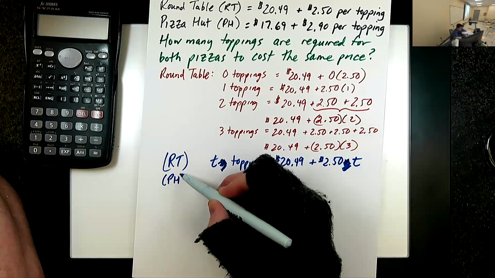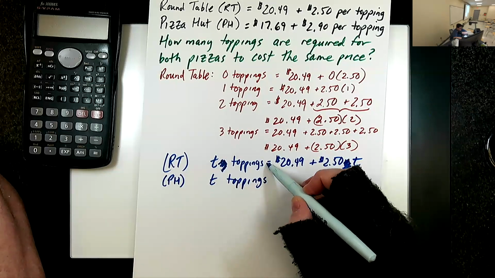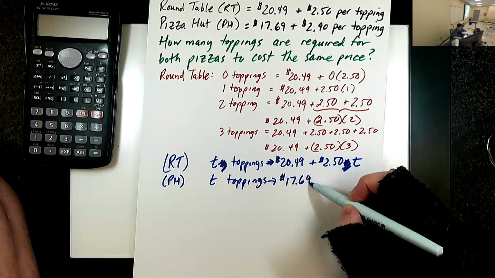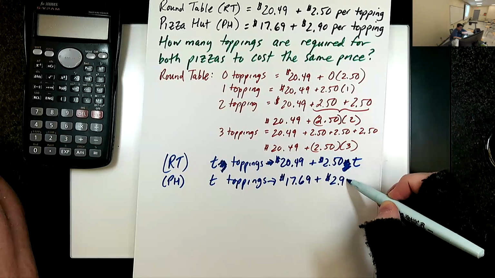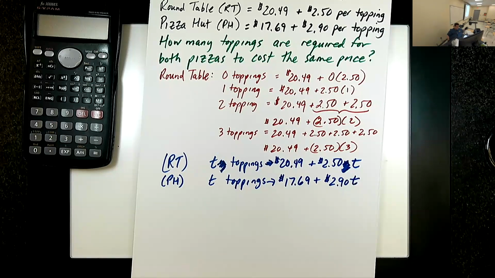Pizza Hut should have a similar process. T toppings on theirs is $17.69, but their toppings are $2.90 each. So we should have $2.90 T. Everyone good so far?